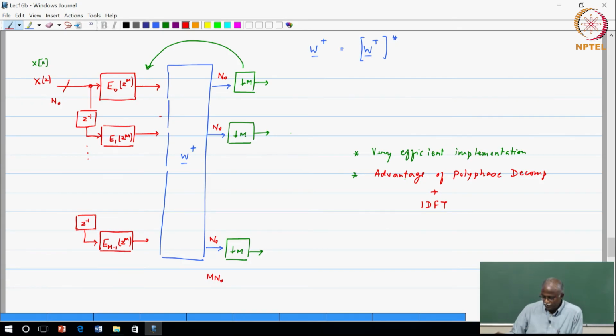So, at the output, if you want to have the most efficient implementation in terms of storage or processing, do I need to retain this at n0? The answer turns out to be no, because if this was a band limited filter, I know I can downsample and recover the original signal. So, this becomes n0 by m, all of these become n0 by m, and the effective sampling rate at the output, if I do the downsampling, actually remains at n0.